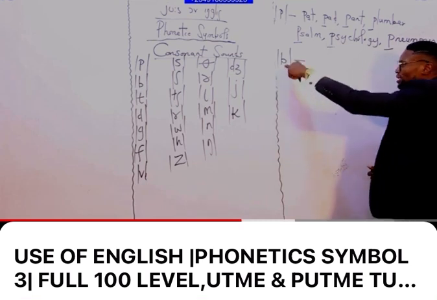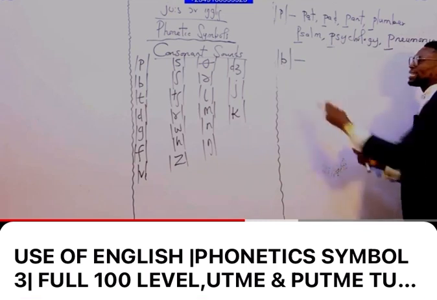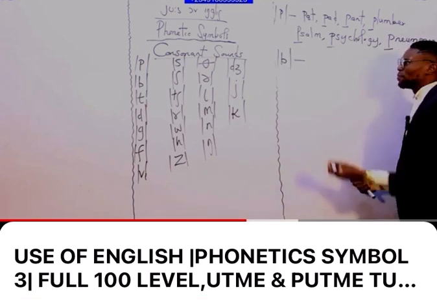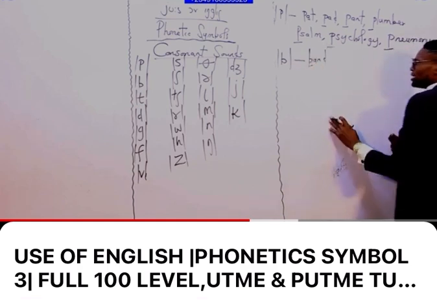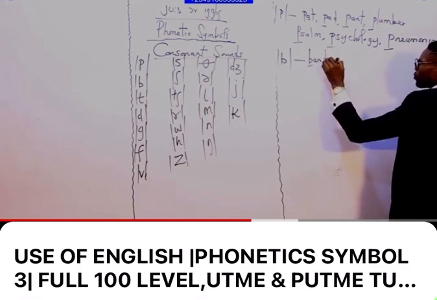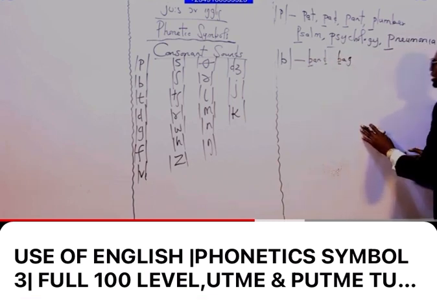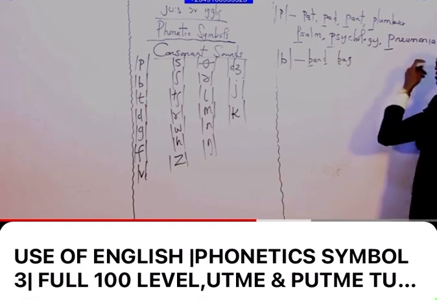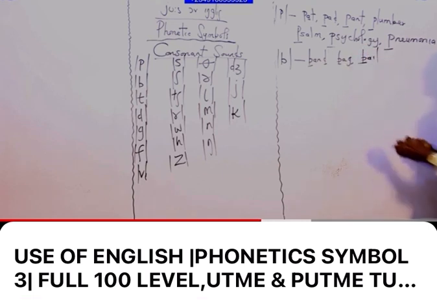So in other words, this is a voiced sound, but when we are analyzing it, it can be voiceless and be voiced. For example, where I have band, this is voiced. Where I have bag, this is voiced. Where I have ball or bail, this is voiced. And in some cases it can be voiceless.